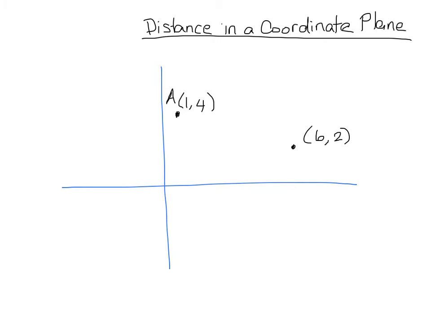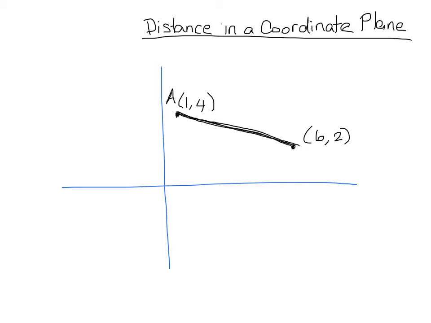Okay, so now we're looking at 2 points, but they're not on a number line, so we can't count going straight across and we can't count going straight down. Or can we? Well, that's the question. Okay, so we have 2 points here joined by this line segment, so we're really being asked for the length of that line segment. And we can't just count the length of that line.